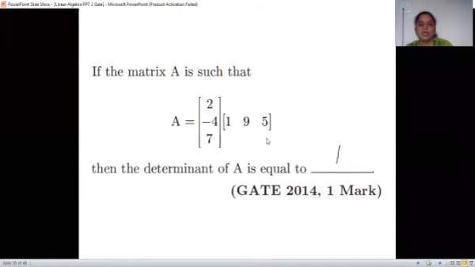Okay, then just tell me the 3 by 3 matrix now. Just read the first row of the 3 by 3 matrix, whatever you have written. What is the first row of the 3 by 3 matrix multiplied?